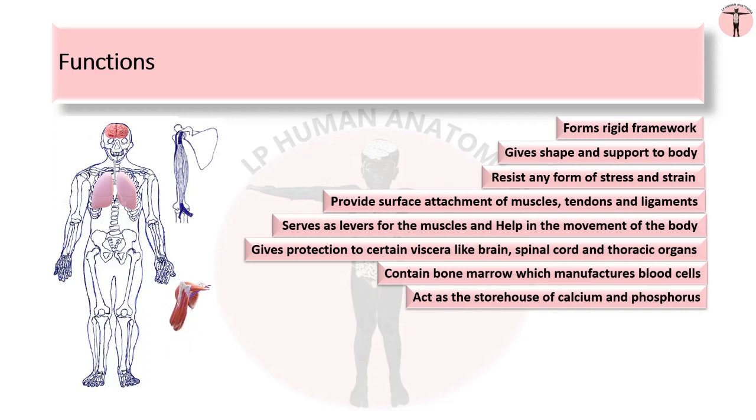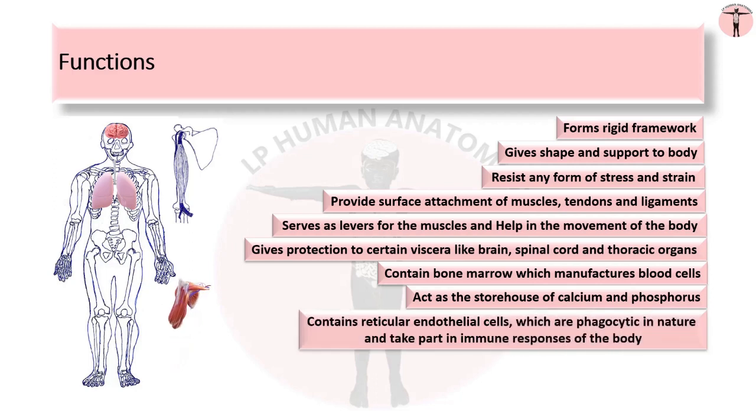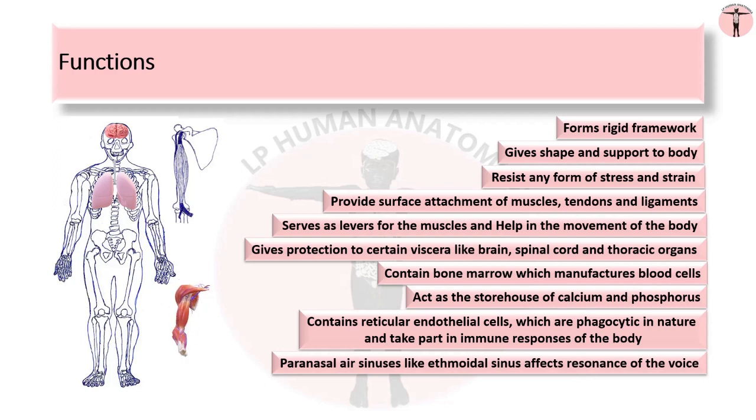Bones store 97% of the body calcium and phosphorus. Bone marrow contains reticular endothelial cells which are phagocytic in nature and take part in immune responses of the body. The larger paranasal air sinuses like the ethmoidal sinus affect the timbre or resonance of the voice.